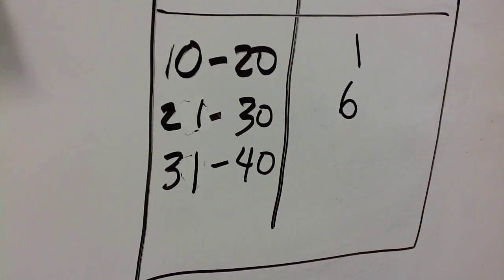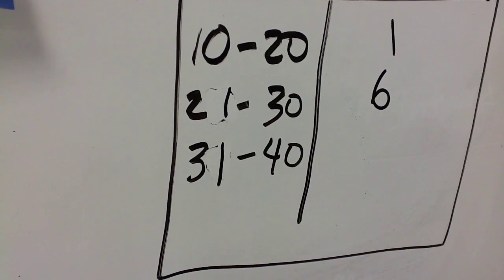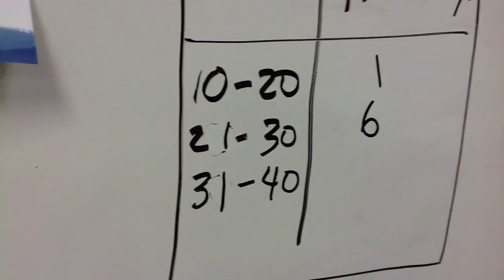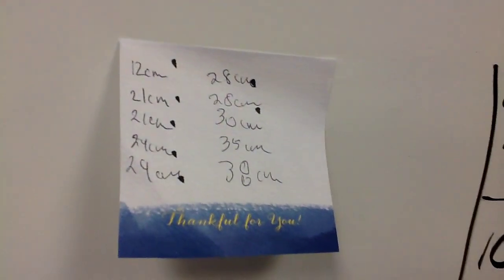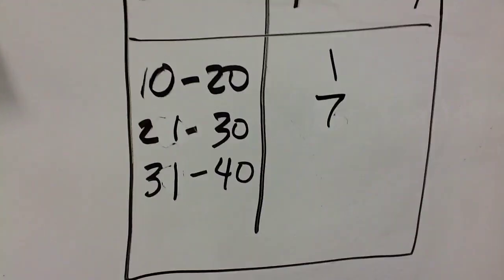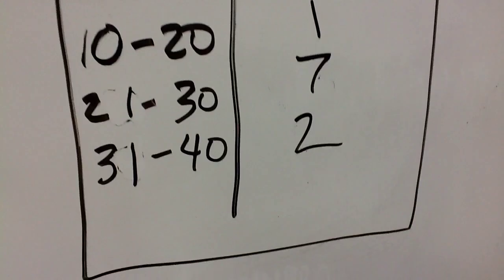You don't want to have any sort of duplicates. And the 31 to 40, there is a 30. Oops, the 30 is going to go over here. So now that's going to change that number to 7. So make sure you always read carefully. And then 31 to 40, there's a 35 and a 38, so there's 2 of those.